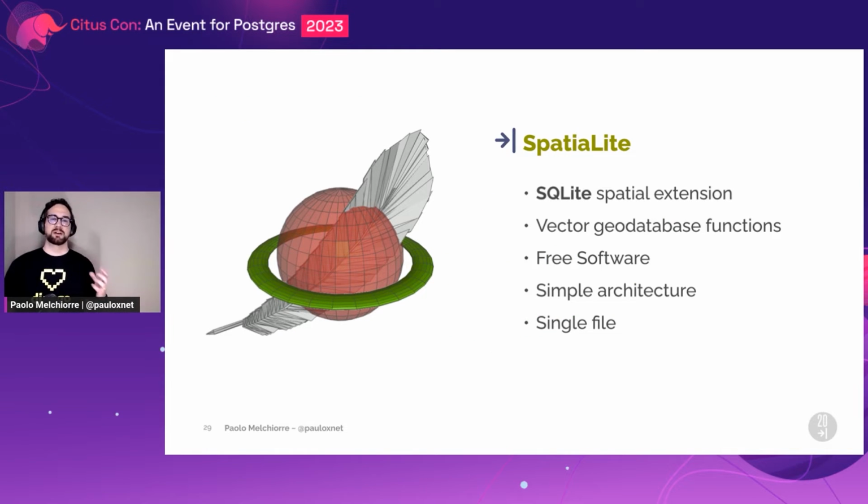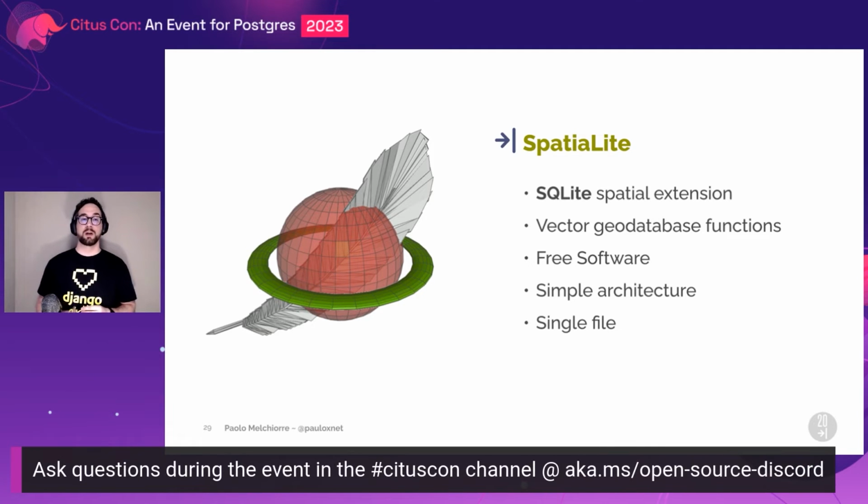To use GeoDjango correctly, we need to change our database engine and use one of the compatible database backends. In this talk, for a more complete example, we decide to start using SpatiaLite, the spatial extension to SQLite, which is the Django default database backend. It provides vector geodatabase functionality and it's released with a free software license.